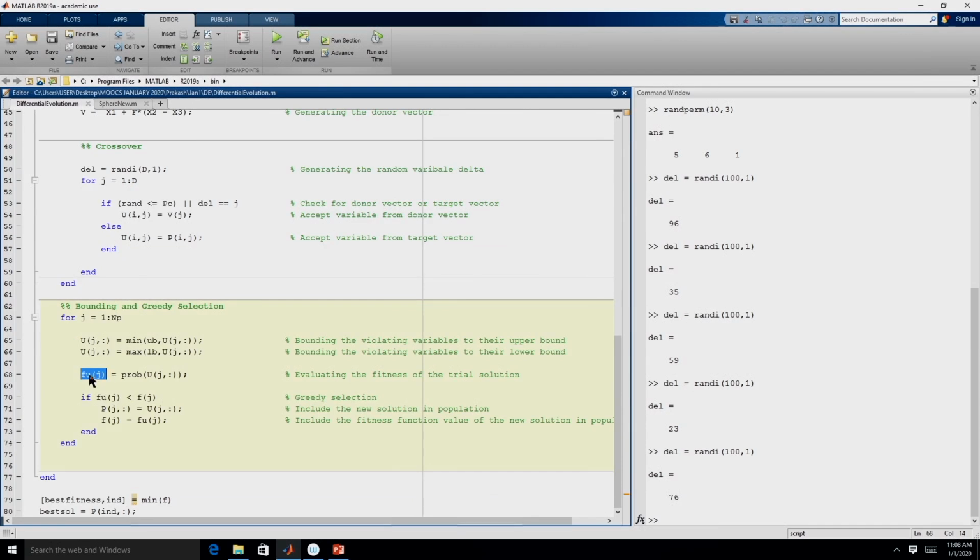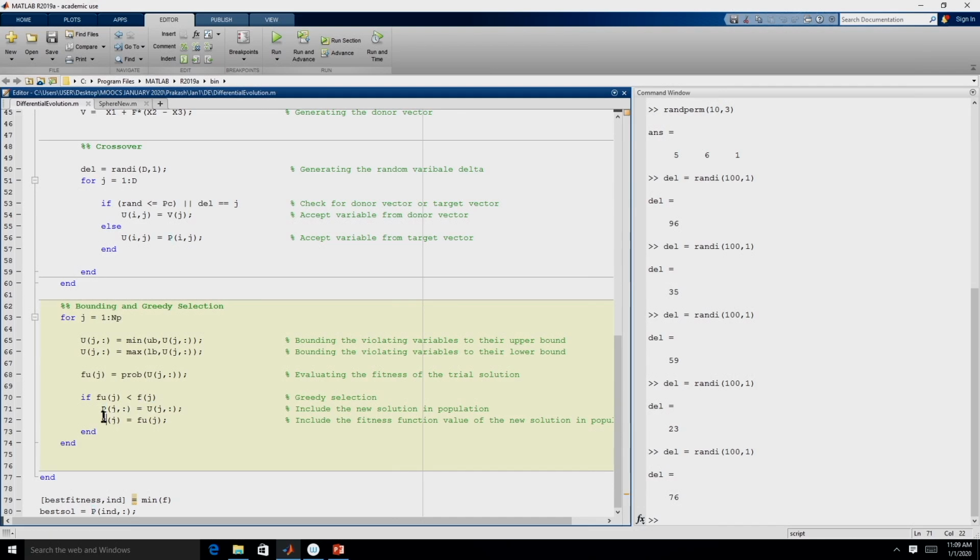Once we have it, we are ready to perform a greedy selection. We check whether the fitness of the jth trial vector is better than the fitness of the jth target vector. If this condition is satisfied, we overwrite the jth member of the population with the jth member of the trial solution.